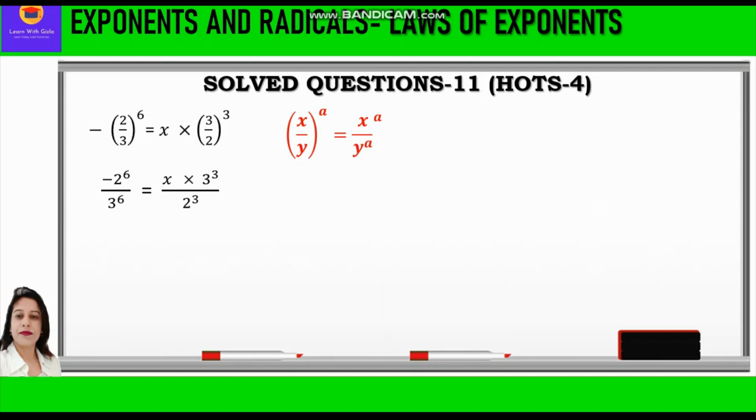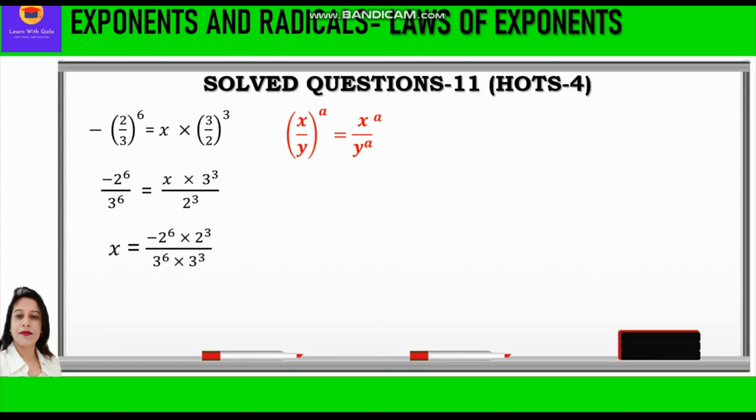So we distribute it between the numerator and denominator and open the bracket, and we write the minus sign outside and 2^6 upon 3^6 is equal to x into 3^3 upon 2^3. Now we cross multiply and write x is equal to minus 2^6 into 2^3 upon 3^6 into 3^3.